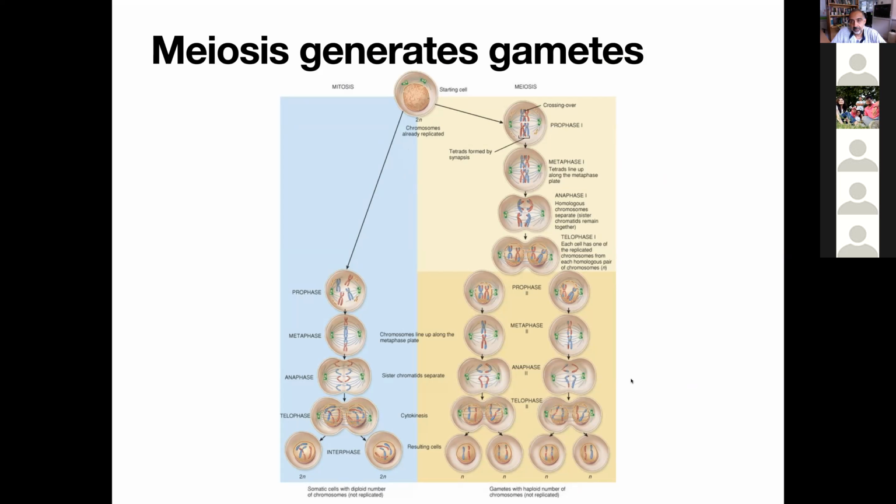If the chromosome number of a cell is 2n, then via meiosis for gamete formation, it is converted to n. Yep, there is a reduction in the chromosome number.